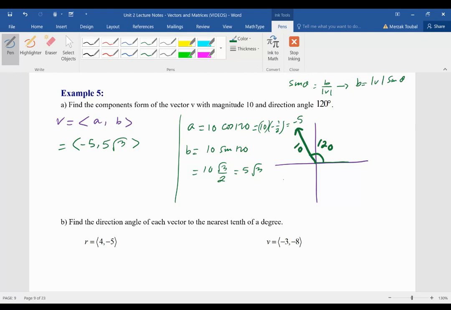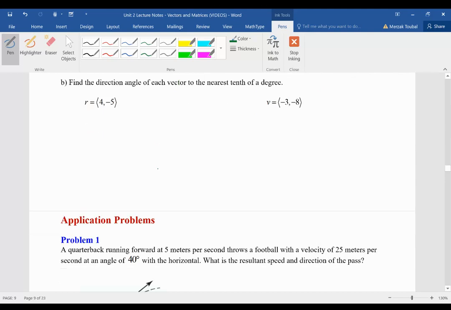Okay. Let's work on example B. Find the direction angle of each vector to the nearest tenth of a degree. So we have to use most likely calculator here. So we said this is a and that's b.